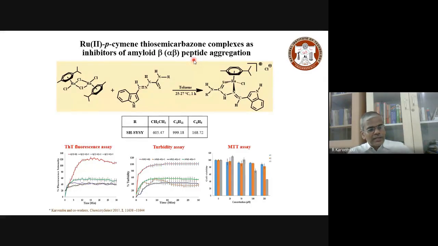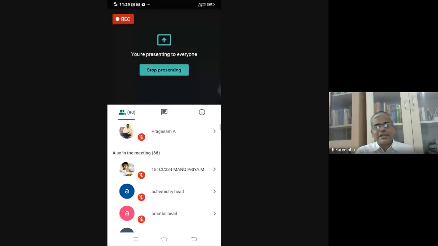And this aggregation causes Alzheimer's disease, right? When we add the complex, this aggregation is avoided. That's our observation. It means if these complexes are administered as a drug molecule, this will avoid the aggregation of amyloid B peptide, and because of that, the disease can be avoided.